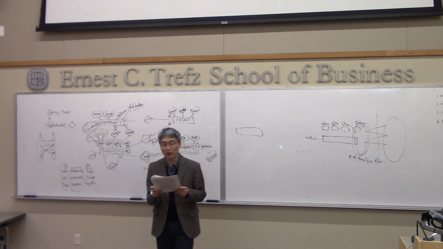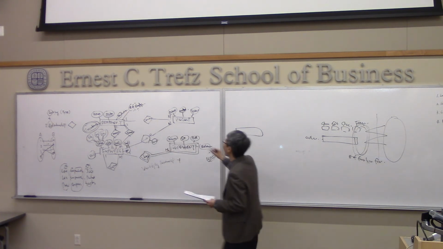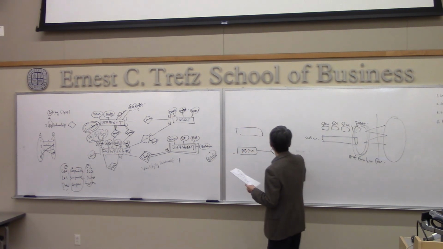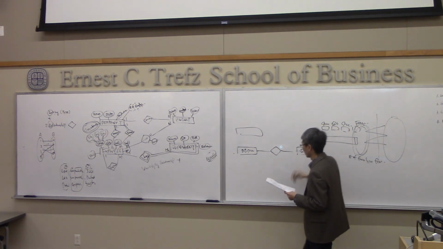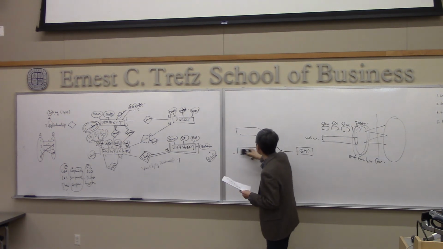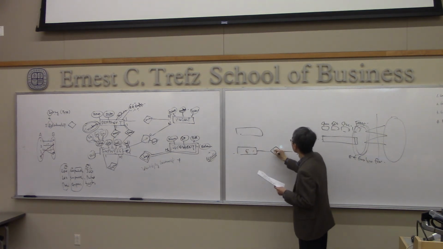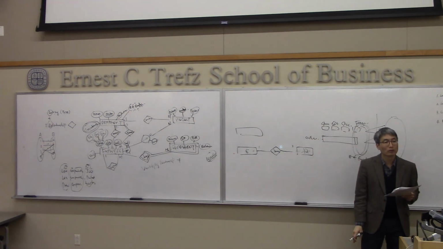Also, another difference is the notation of the cardinality. For example, the department and employee, the employee and department manager. This is a one-to-one relationship, okay?